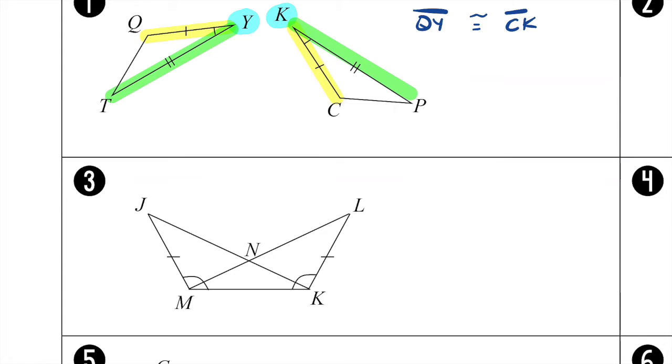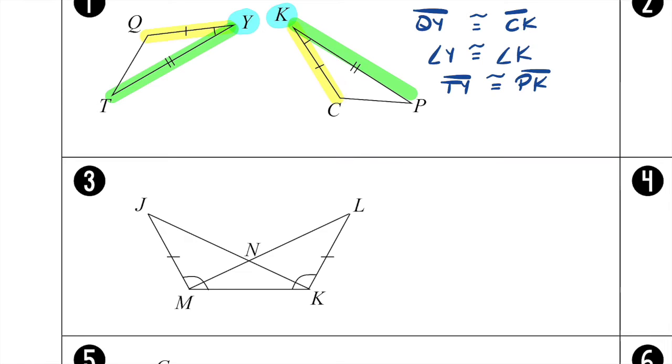We've got angle Y is congruent to angle K. And we've got TY is congruent to PK. So we've got 3 pieces. We need at least 3.